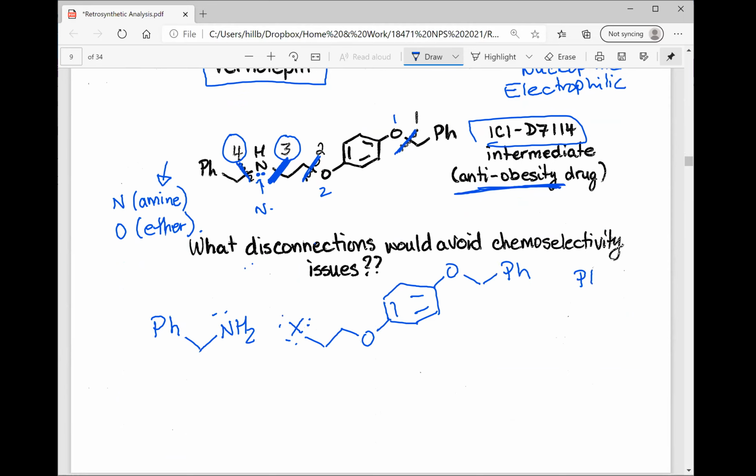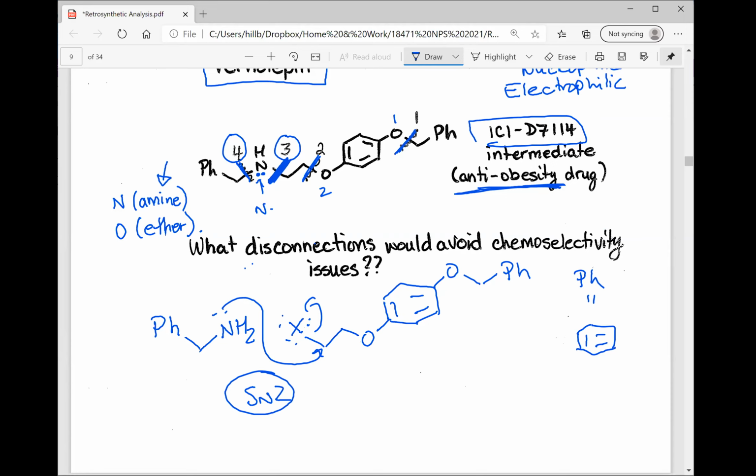Remember, Ph is just an aromatic ring, a phenyl group. So we could do a simple SN2 reaction here, and we would end up making our final product. So yeah, you want to add the nitrogen last.